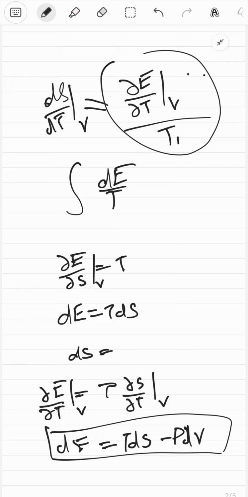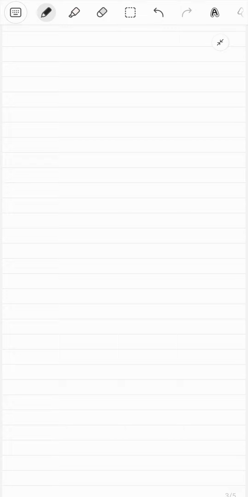And now what do we have? Okay, so C1 changes with respect to the temperature, obviously. And you want to find what TF is as well.